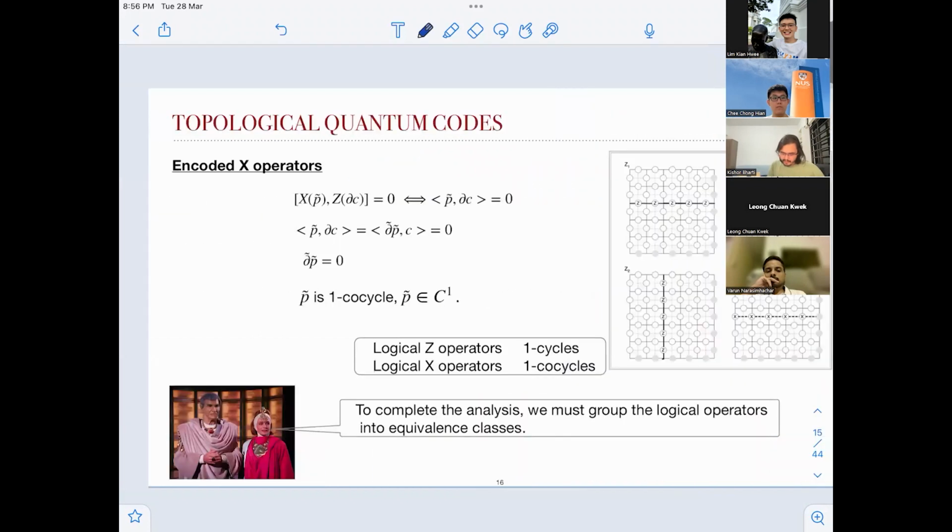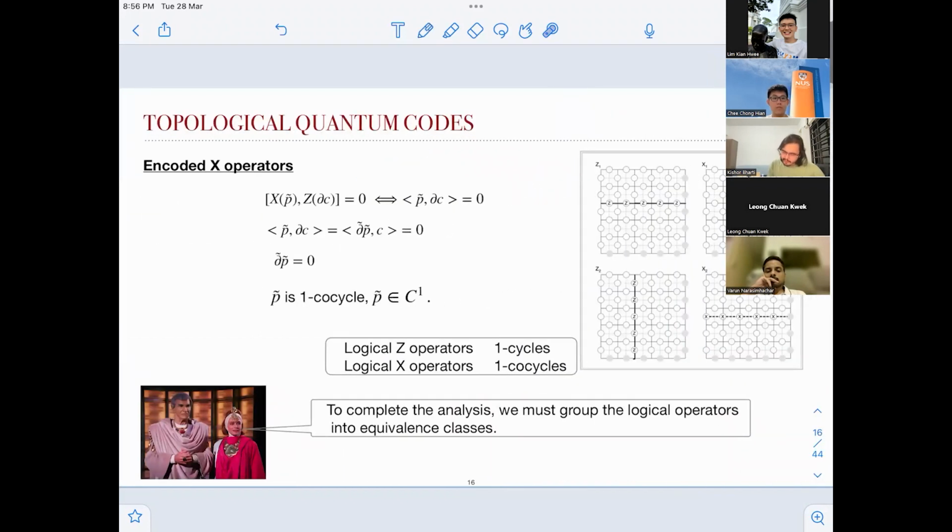That will give us the encoded Z operator. Similarly for the encoded X operator, you can play the same game: the encoded X operator should commute with all the Z, so Z delta C, so that the inner product of P tilde with delta C equals 0. Using the definition of the co-boundary map, you get something like this, but C is not 0, so this should be equal to 0. So P tilde is a one co-cocycle.